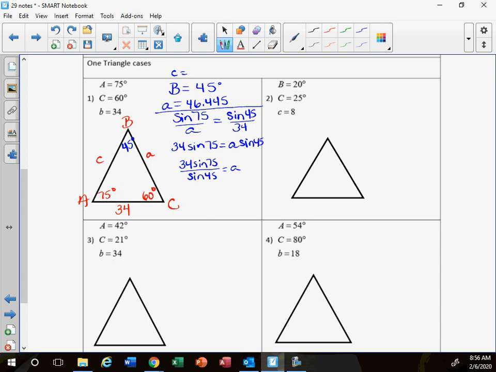Do you think I want to use that rounded answer to find C? Nope, I should go back to the original stuff that I know. So I'll set up this time sine of 60 over C, and then again equals sine of 45 over 34. So on your paper, show as much work as you need.